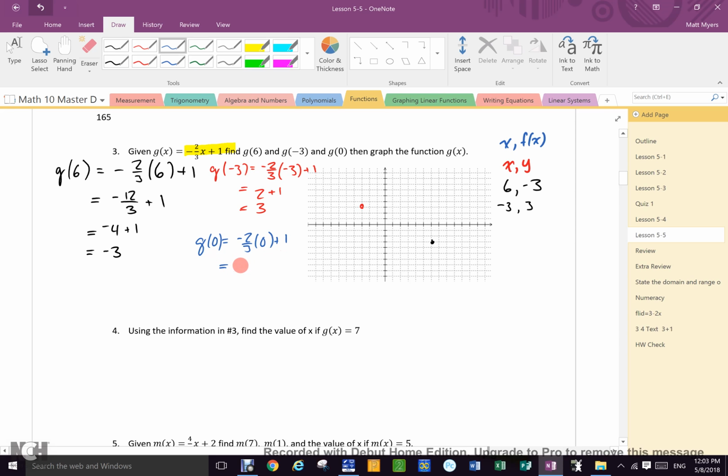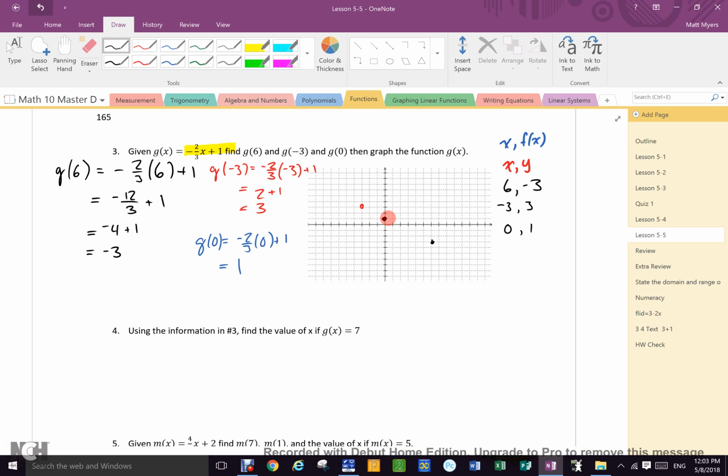What is it? 1. So the ordered pair is 0, 1. Now, do I connect the line? Is this discrete or continuous data? It's discrete though.